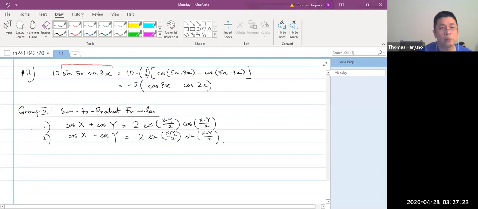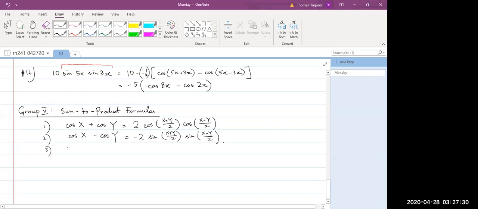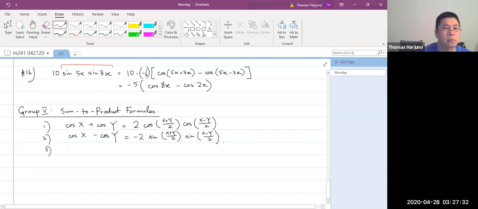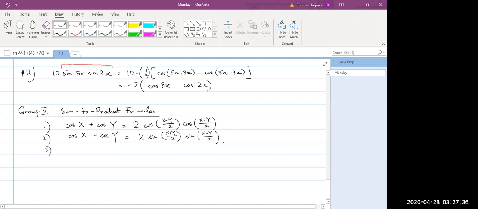The third one, for sine A times sine B, it equals -1/2.